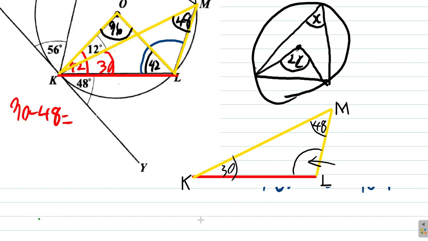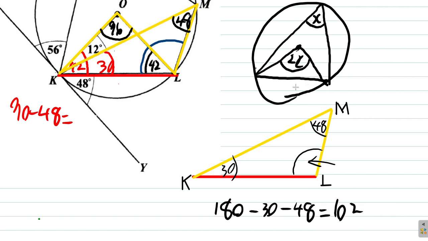Let me erase some of the rough work from before. Alright. So all three angles add up to 180. We drop off 30 and then drop off 48. And we get 180 minus 30 minus 48. Work it out on a calculator. What do you get? 102. Right?